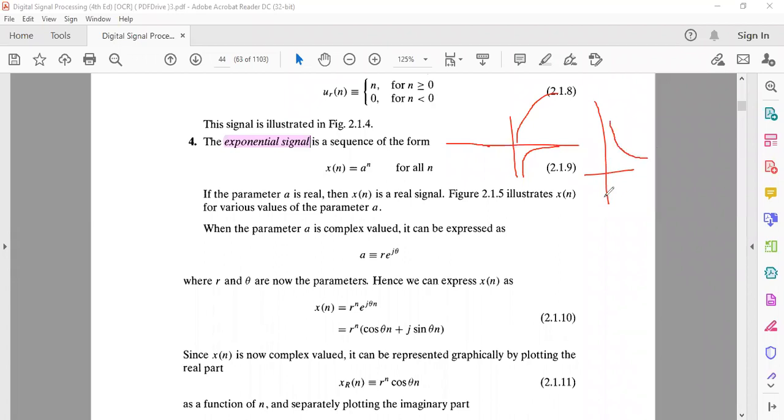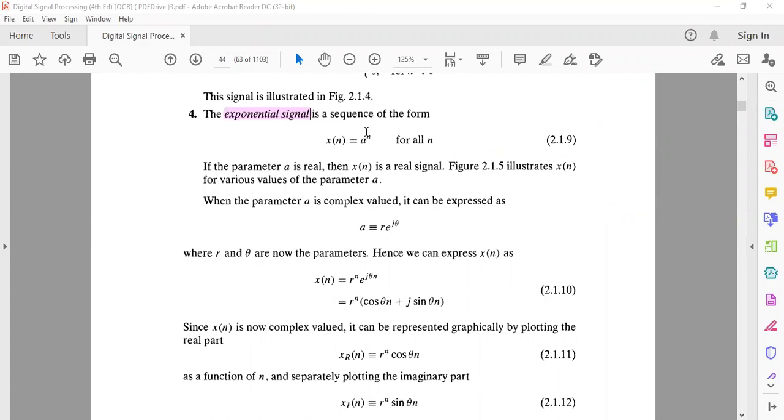There are many types of exponential. So the exponential is a to the power of n for all n. If the parameter a is real, then x(n) is a real signal.